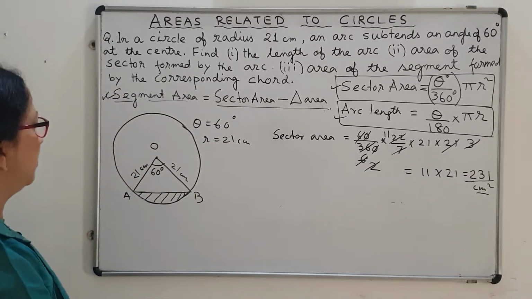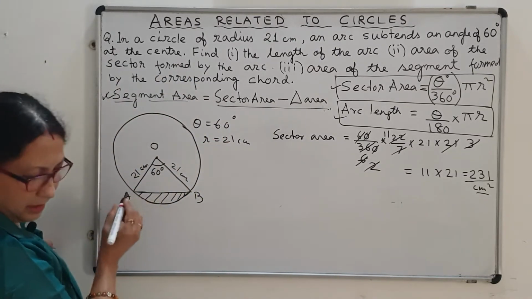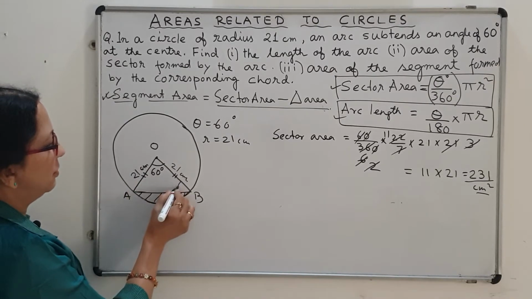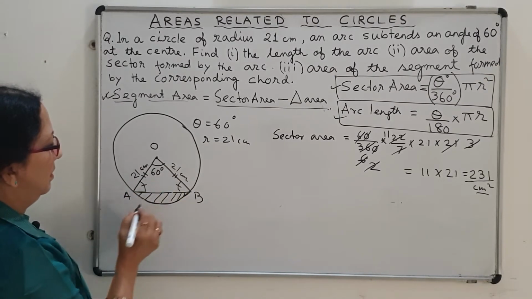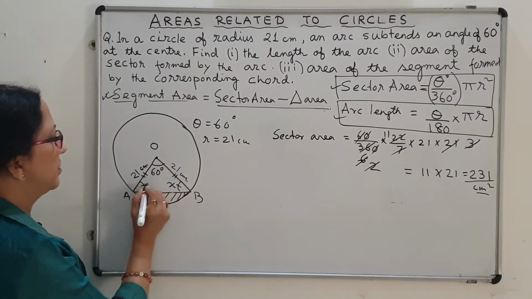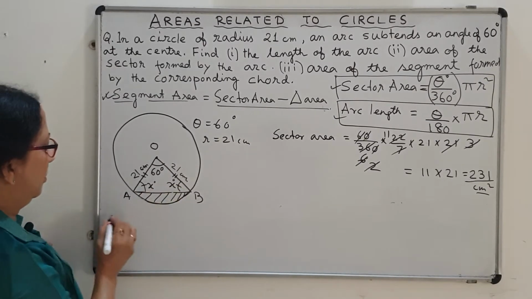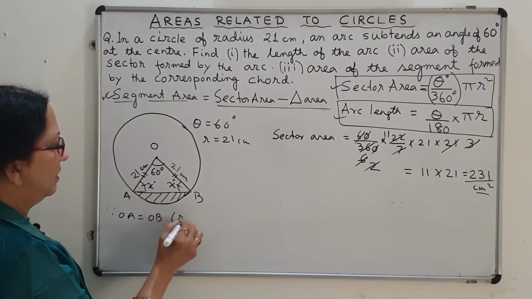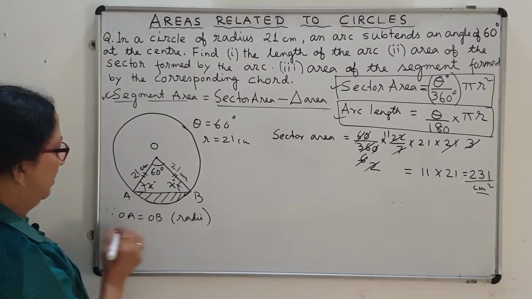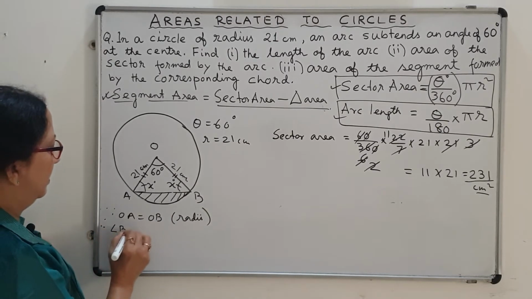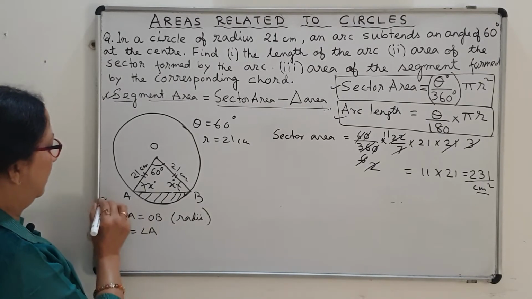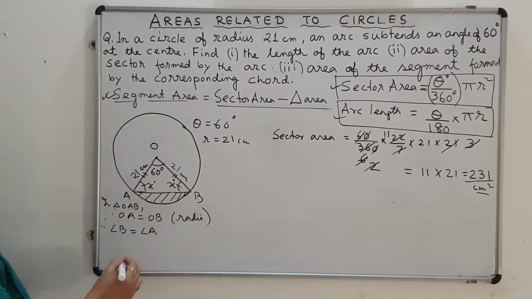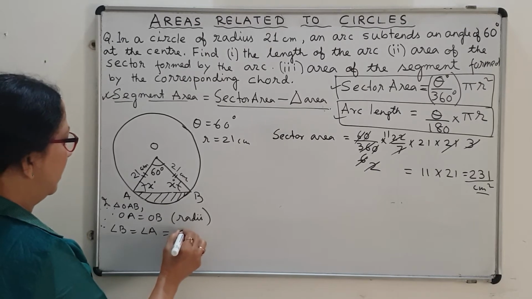So how to do this? Now you observe, in this triangle, OA is equal to OB, so the opposite angles will be equal, and let each be x degree. So you write, since OA is equal to OB, radii, therefore angle B is equal to angle A in triangle OAB, and is equal to say x degree.